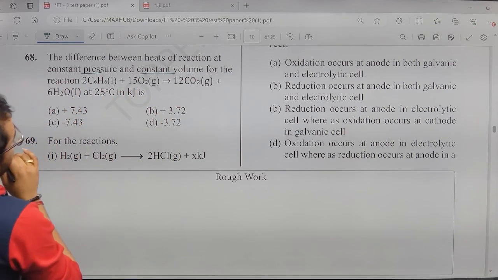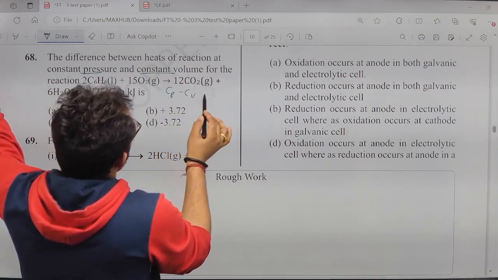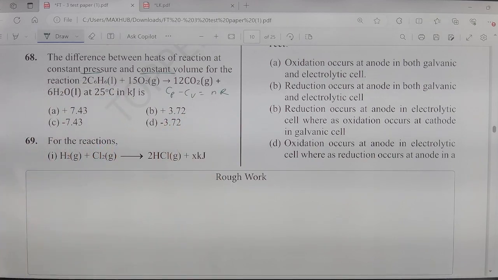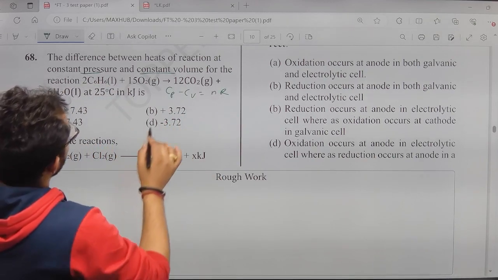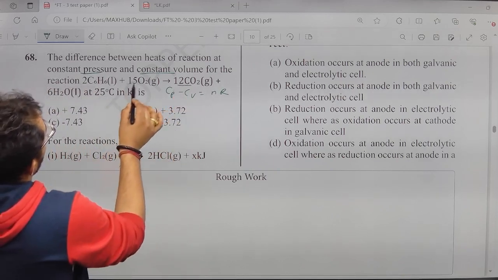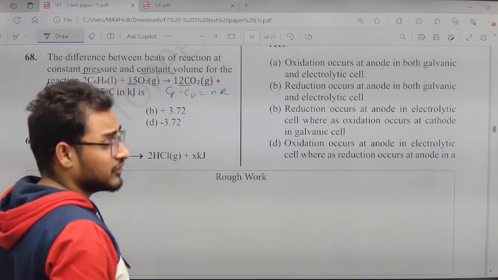My dear students, he is interested in Cp minus Cv, which is equal to Δn into R. We know that there are 12 gaseous moles on the right hand side and 15 gaseous moles on the left hand side. So 12 minus 15, that means 3.